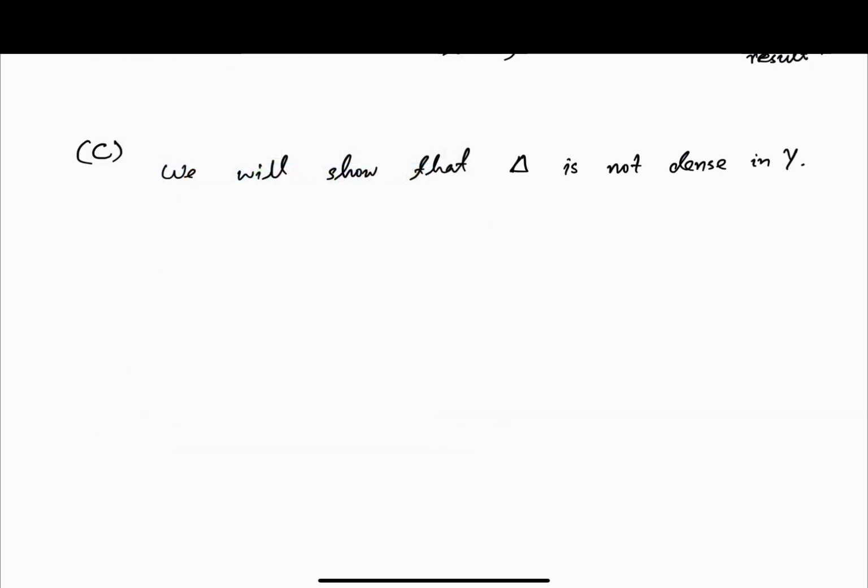Let me write. So we'll show that delta is closed first, then we will show that this is not dense. So for this we will suppose let X be Hausdorff.